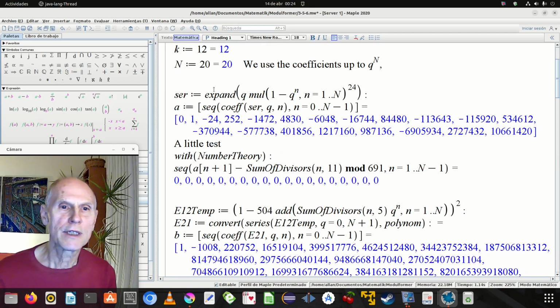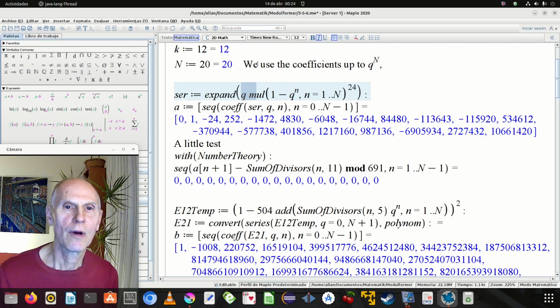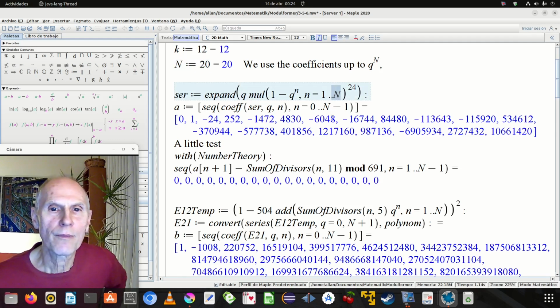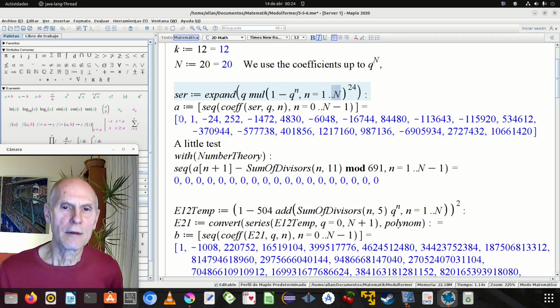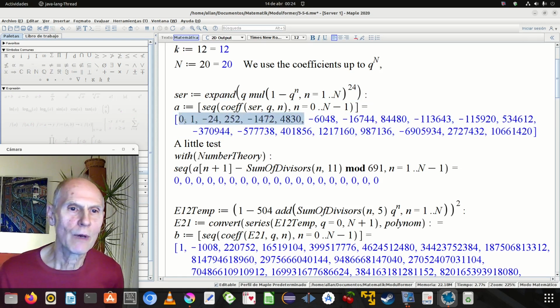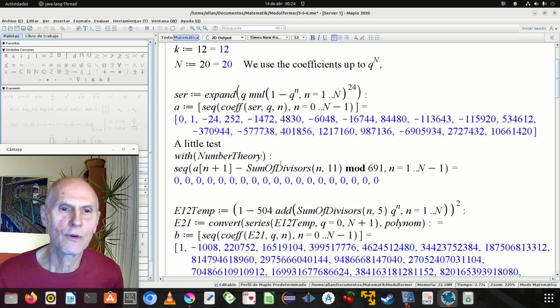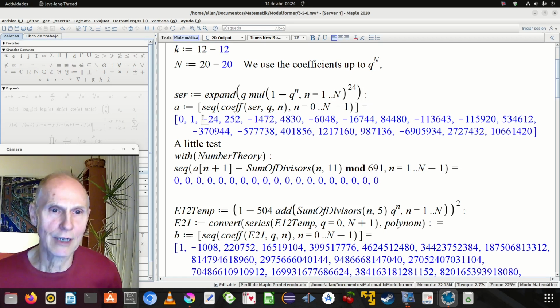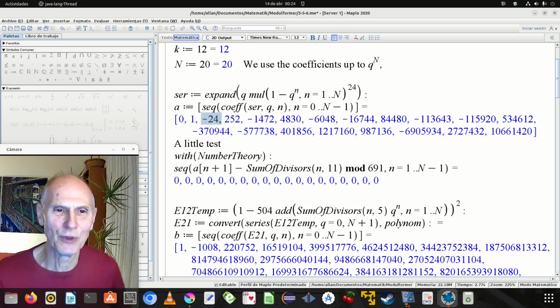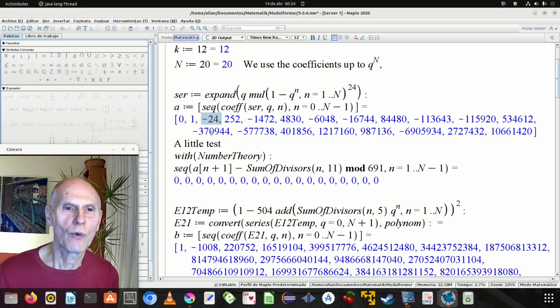Now, first we define the delta function up to q to the 20th, and then take out the coefficients. And they are well known to us, 1, minus 24, and so on. Actually, this one's the only one I knew, but we've seen them before.